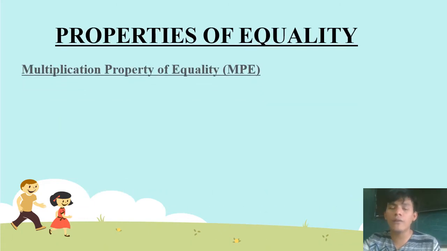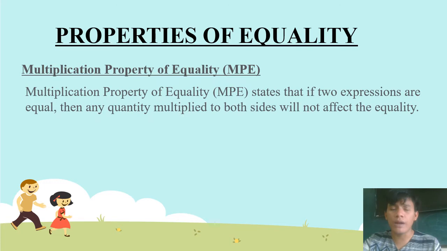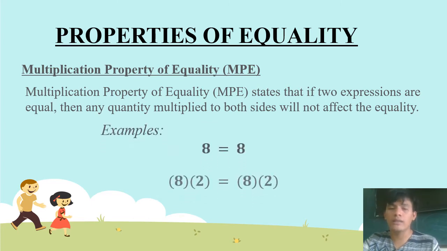Property of equality for multiplication, known as MPE. Multiplication property of equality states that if two expressions are equal, then any quantity multiplied to both sides will not affect the equality. It is the same as the addition, but the operation is multiplication. Example, 8 is equal to 8.